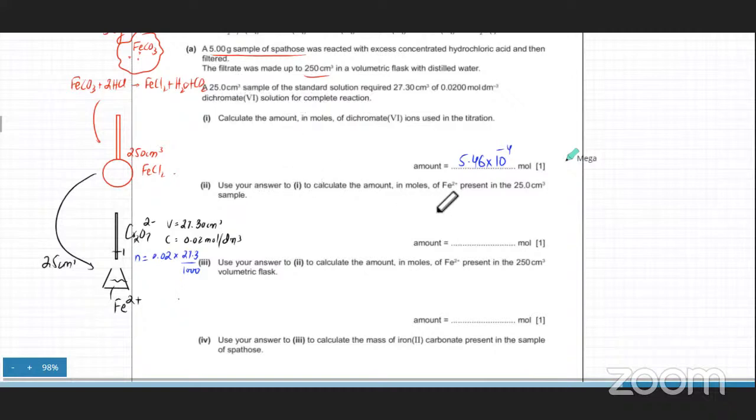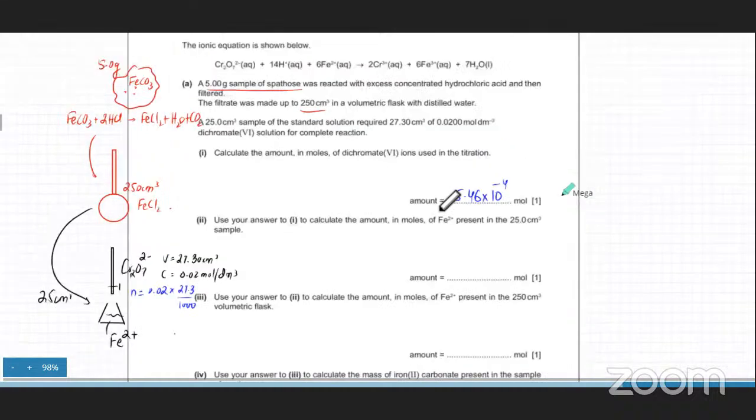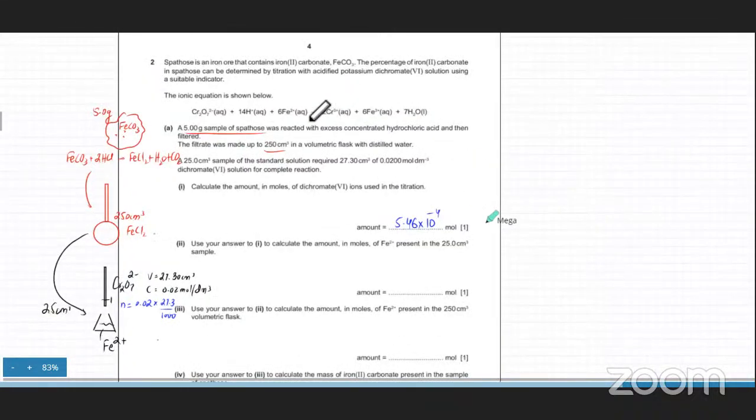The next part is you have to find the moles of Fe2+, which you can find because it's 1:6. That's given at the top. So you have the moles of Cr2O7, so the moles of Fe are going to be 6 times that.